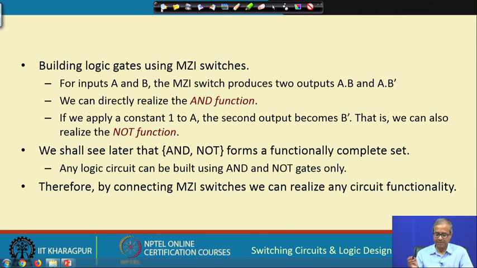This implies that Mach-Zehnder interferometer can implement a functionally complete set and we can realize any circuit functionality. This is the basic idea behind Mach-Zehnder interferometer.